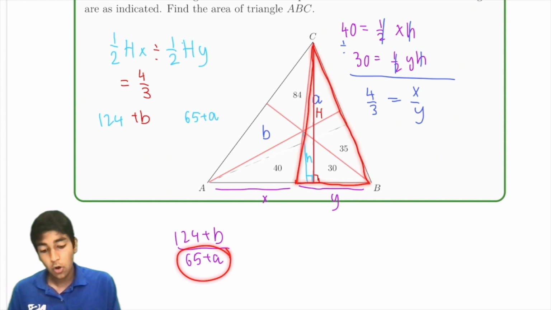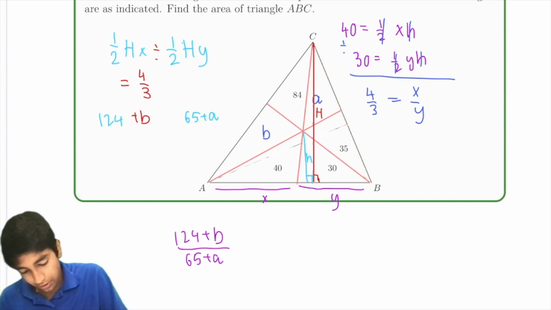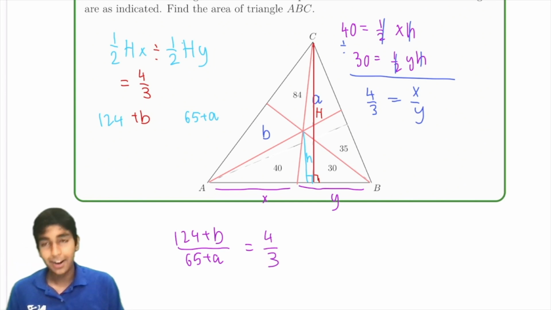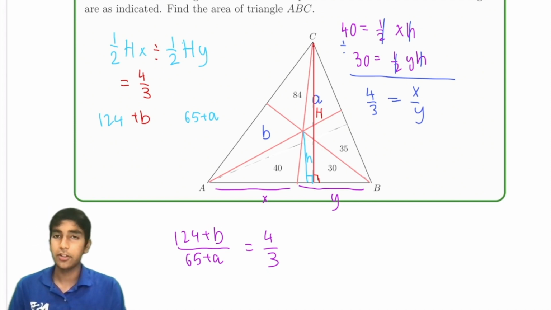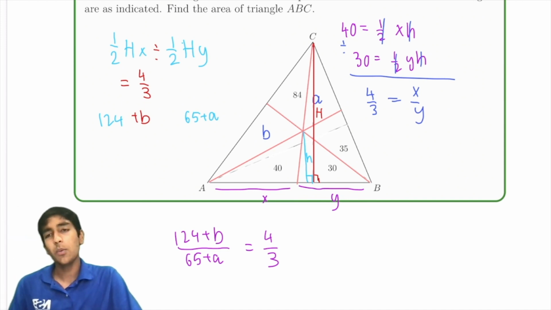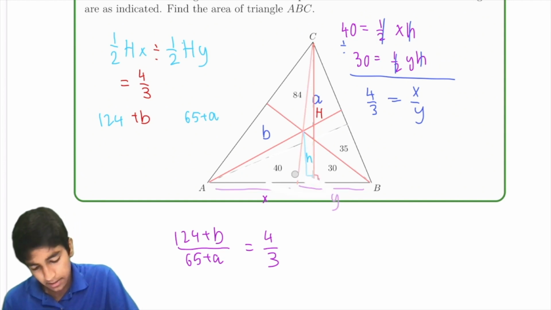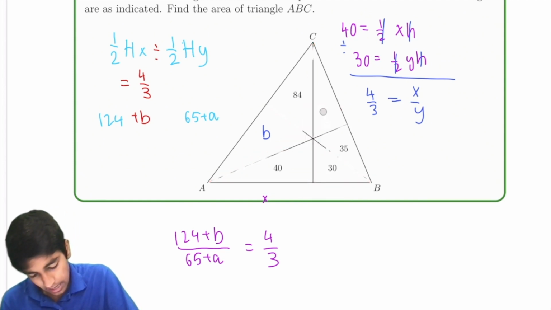And the ratio of x to y is 4/3. So that's also the ratio of the areas, 4 to 3. So, well, we have two variables in only one equation. So that's clearly not enough to solve the problem. But we've done it once and it gave us some information. Can we do it again maybe, but instead use different areas?